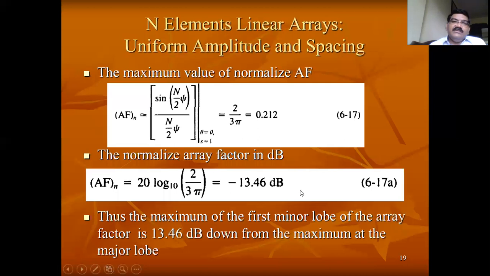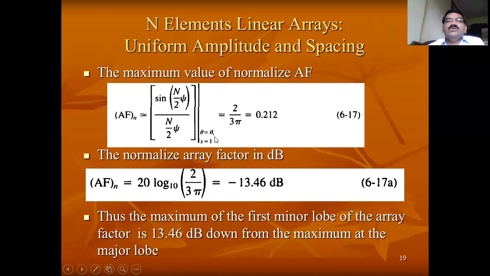Okay, so here is an N element linear array with uniform amplitude and spacing. What should be the maximum value of the normalized array factor? The array factor is sin(N psi by 2) upon N sin(psi by 2).